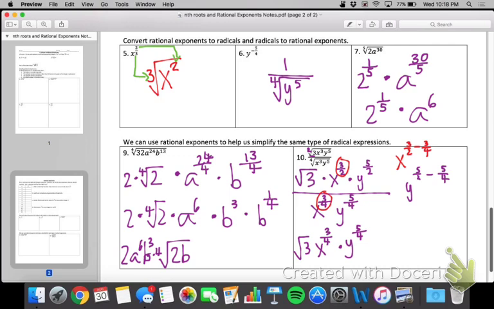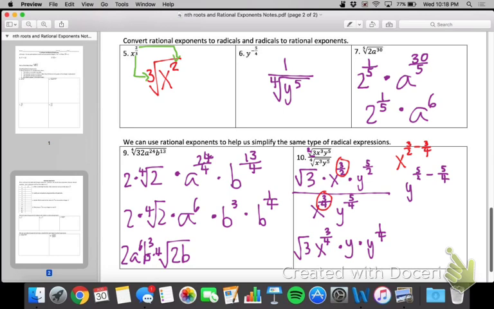And then my y to the 5/4, I can simplify this radical because 5 is greater than 4, so I'm going to change this to y times y to the 1/4.